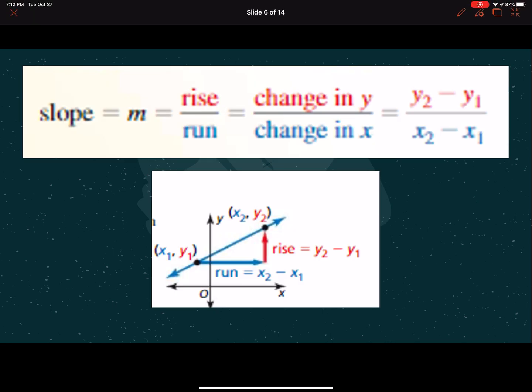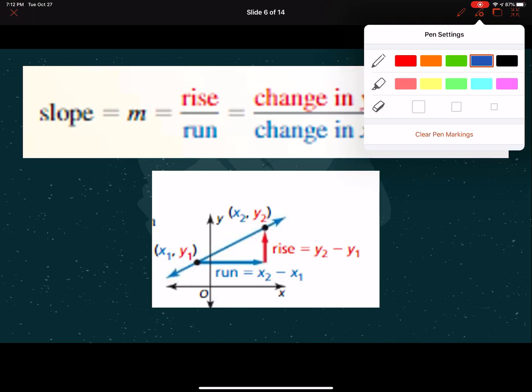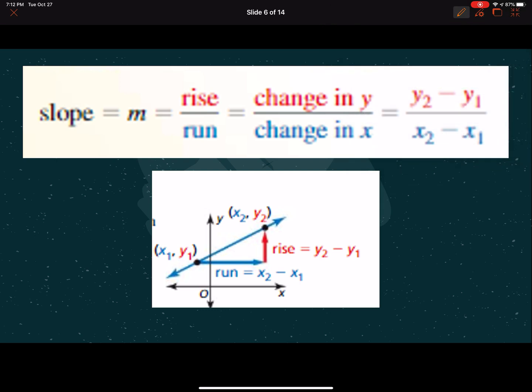Okay, now with that in mind, let's talk about our slope. Slope is always referred to as m, which is the same thing as rise over run, what we just talked about.